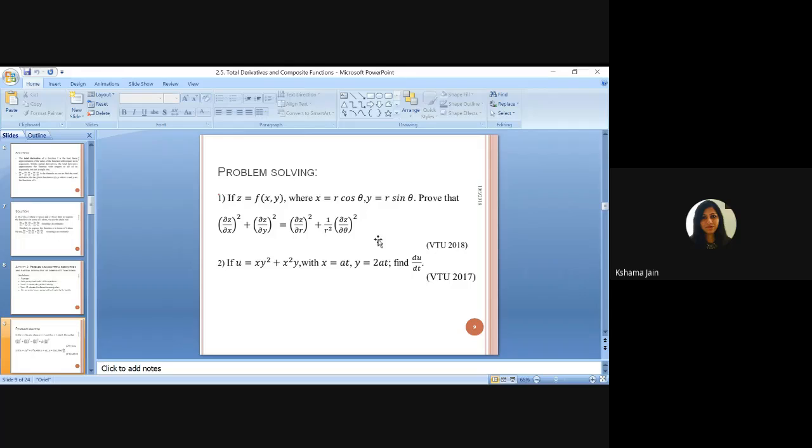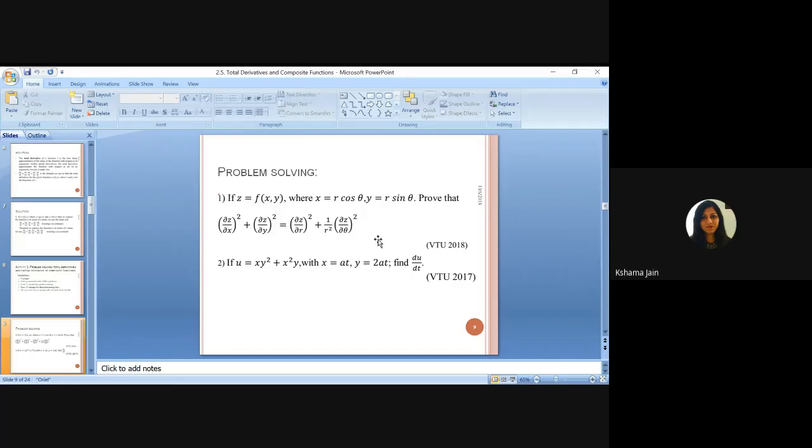Like I told you, if we need to find du by dx, but u is not directly depending on x, I need to take help of s and t, because I can differentiate u with respect to s and with respect to t. So I can find del u by del s into del s by del x plus del u by del t into del t by del x.